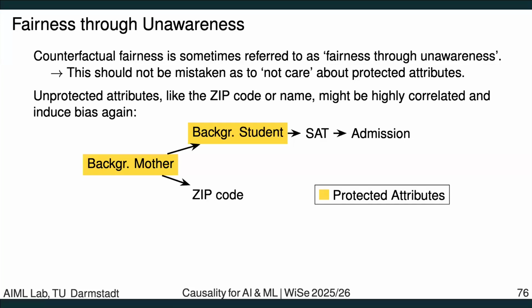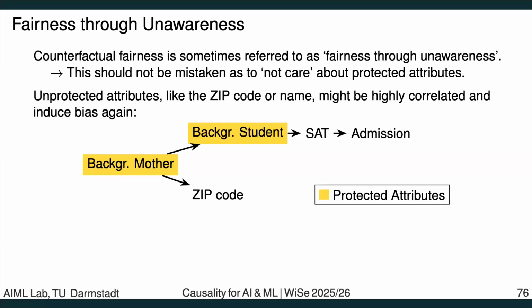Here is maybe a confounding example: we might not want to use zip codes, for example, because historically certain groups of people settled in particular places. If the background of a student is a protected attribute, it might be related to the background of his mother, who settled in a particular area.